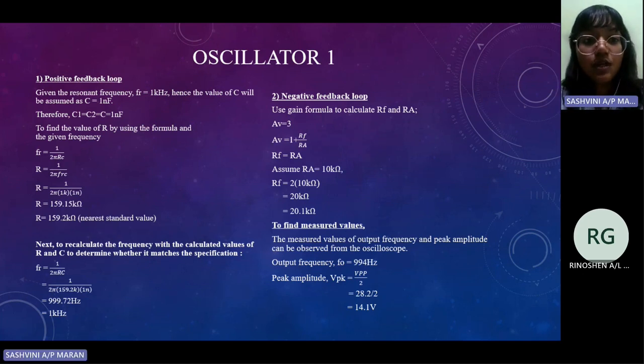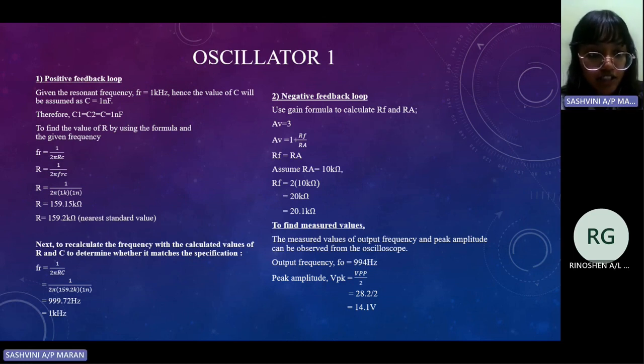For the oscillator 1 positive feedback loop, it is given that the resonant frequency Fr equals 1 kHz. Hence, the value of C will be assumed as 1 nanofarad. Therefore, the value of C1, C2, and C will also equal 1 nanofarad. To find the value of R using the formula and the given frequency, Fr equals 1 over 2 pi RC.